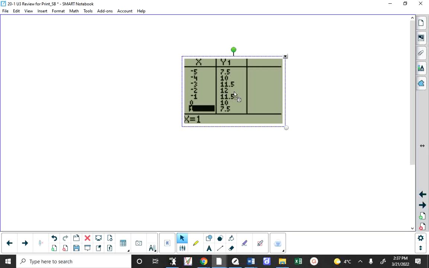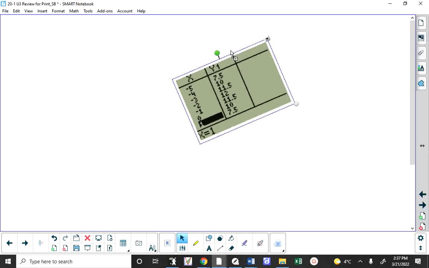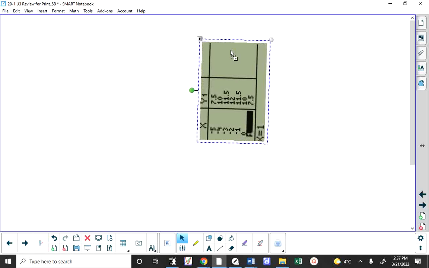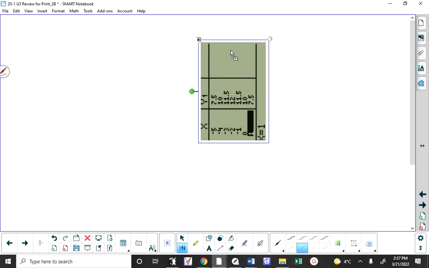In other words, if I could turn this into a graph, over at negative 5, the y coordinate is 7.5. At negative 3, it's 11.5. Between negative 5 and 0, it's climbing and going up, and it's peaking around 12. That's pretty good information. That tells me that my window settings could be set from negative 5 to 0 and 0 to 12 if I'm interested in the maximum.